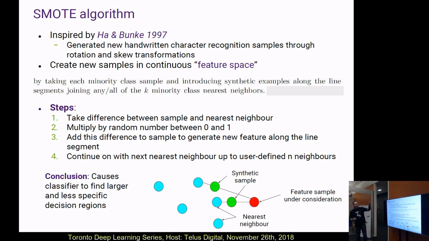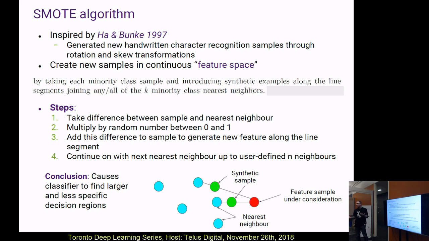So SMOTE, which is well described here, says: by taking each minority class sample and introducing synthetic examples along the line segments joining any or all of the k minority class nearest neighbors. I tried to illustrate this at the bottom. Hopefully everyone can see. Imagine that we've got some feature sample under consideration, that's the point in red.